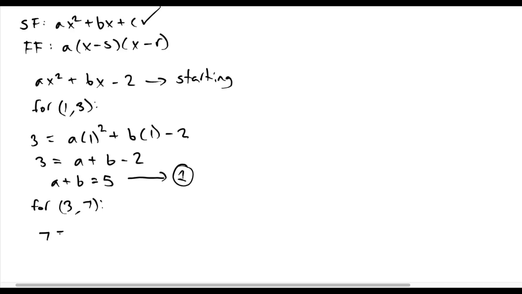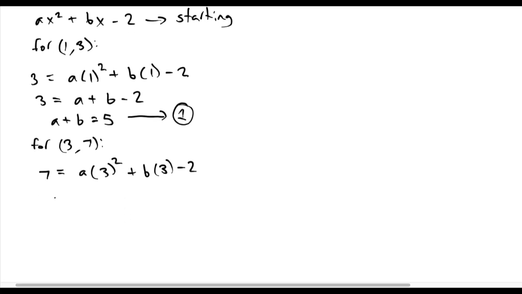So 7 is equal to a times 3 squared plus b multiplied by 3, and notice I'm going to keep minus 2 again because minus 2 is constant. It is the y-intercept of the function. Now let's expand this. 7 is equal to 9a plus 3b minus 2. Now let's rearrange. 9a plus 3b is equal to 9.